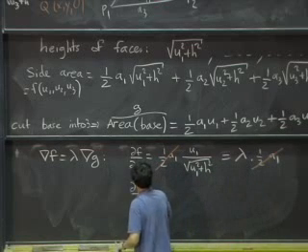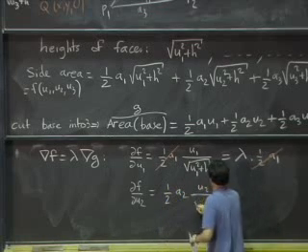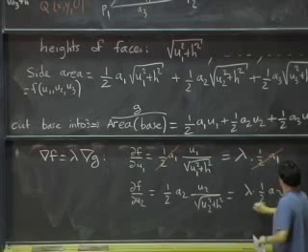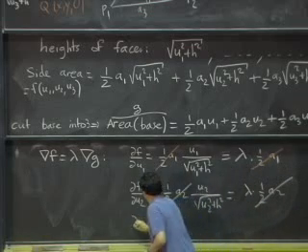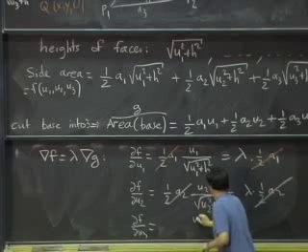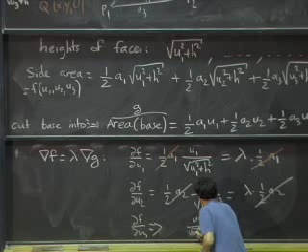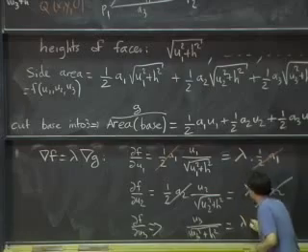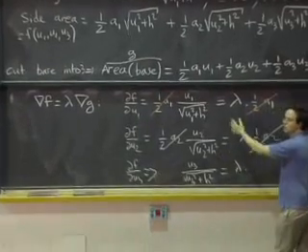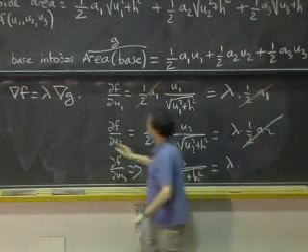If you do the same with the second one, things simplify again, and same with the third one. After simplifying, you get U3 over the square root of U3 squared plus H squared equals lambda. So this equals this equals this, they're all equal to lambda. And if you think about it, that means that U1 equals U2 equals U3.